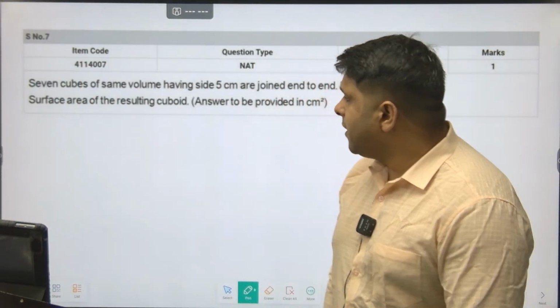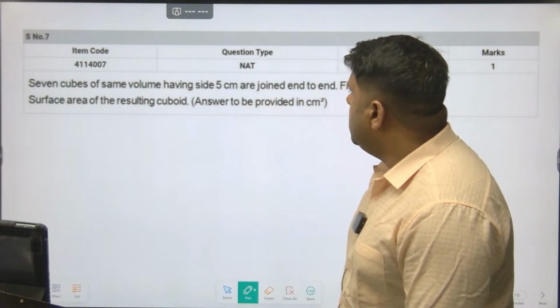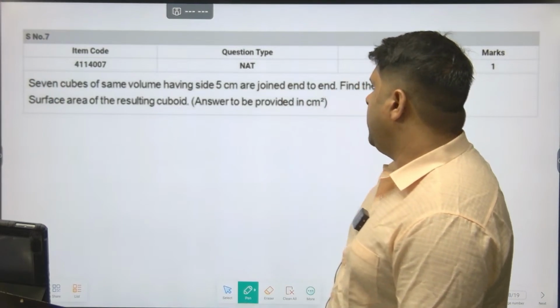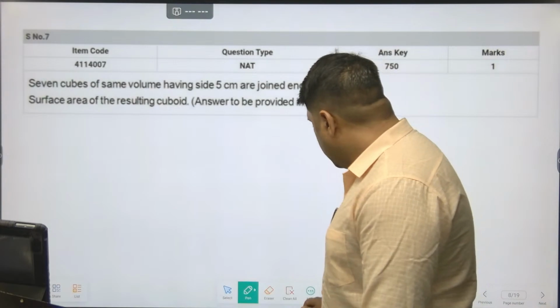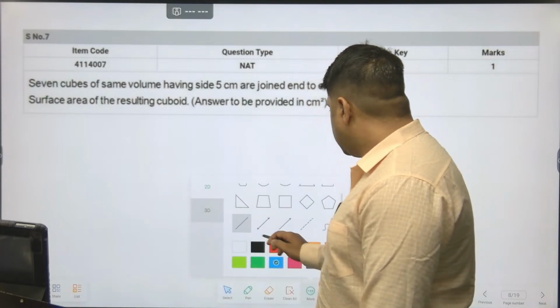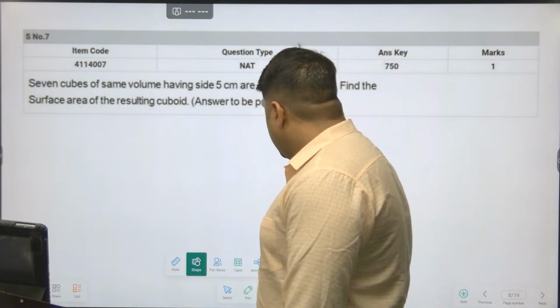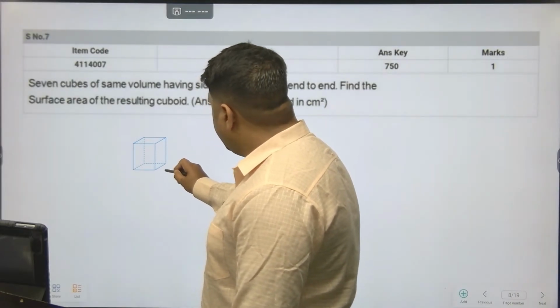Next we have 7 cubes of the same volume having side 5 centimeter, joined end to end. Find the surface area of the resulting cuboid. So here the trick is, we are having cuboids.